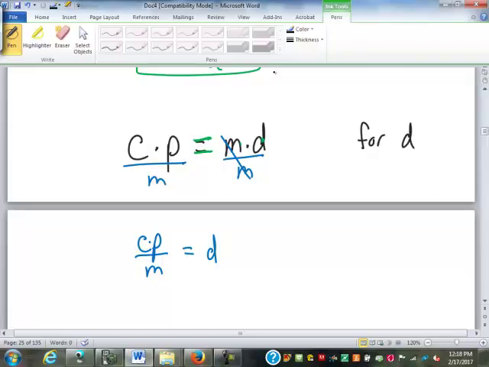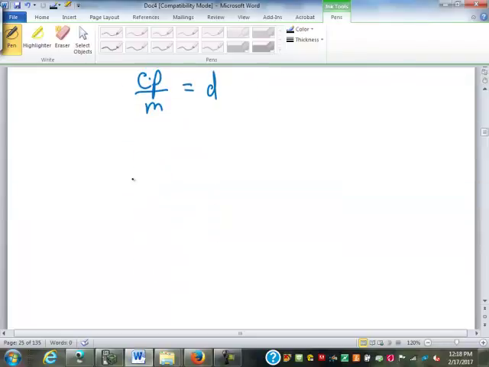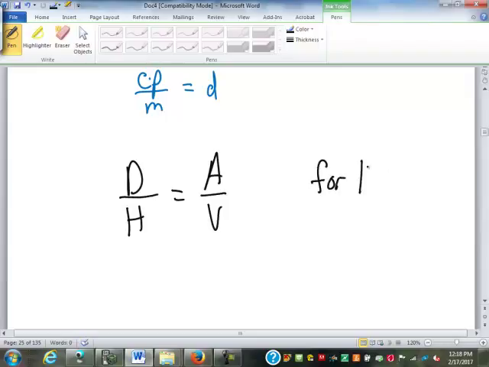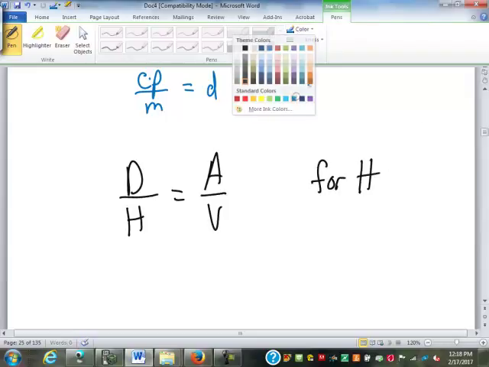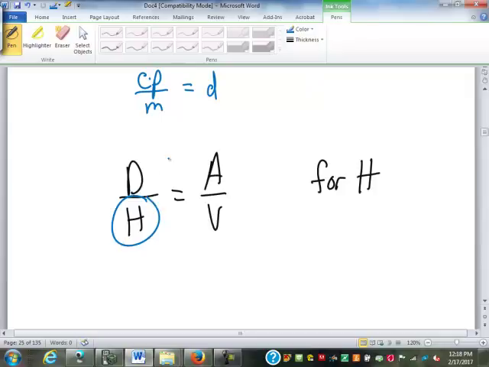The trickier ones are when we have something like this, and I ask you to solve that for h. Well, here's h. It's on the bottom of a fraction.